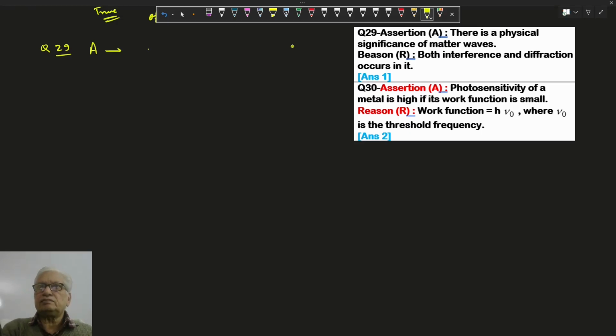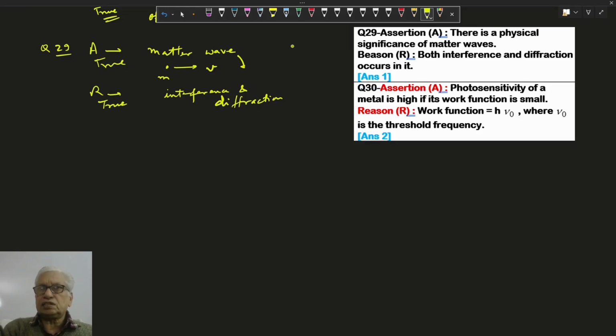Yes, matter wave is there if the particle or matter is moving, whether it is charged or not, it doesn't make a difference. But matter wave is a wave, so it shows the effect of interference as well as refraction. Both are true, and the reason is explaining the assertion. So option 1 is correct.